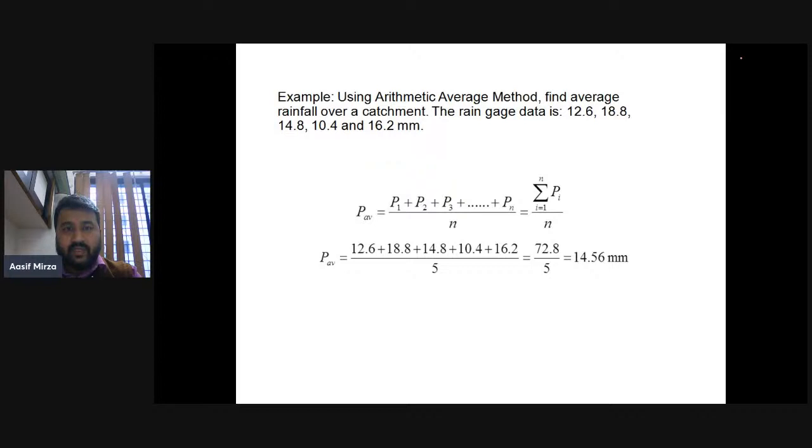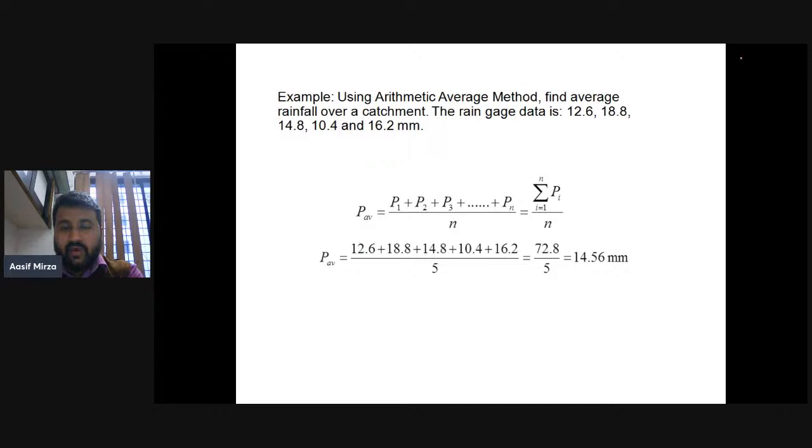Now, an example: using the arithmetic average method, find the average rainfall over the catchment. The rain gauge data is 12.6, 8.8, 14.8, 10.4 and 16.2. So there are five rain gauge stations, and the rainfall collected at these five stations is 12.6, 8.8, 14.8, 10.4 and 16.2 mm.